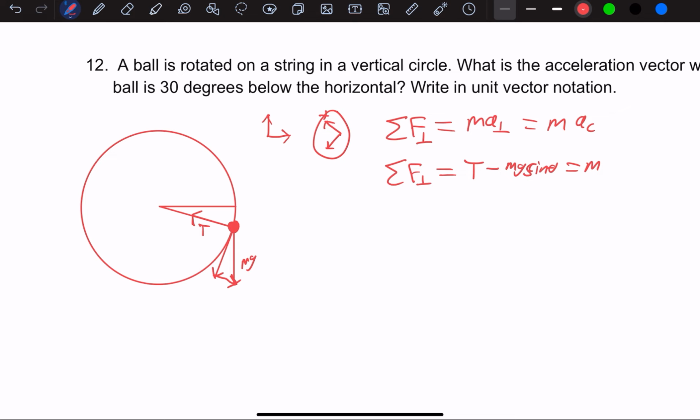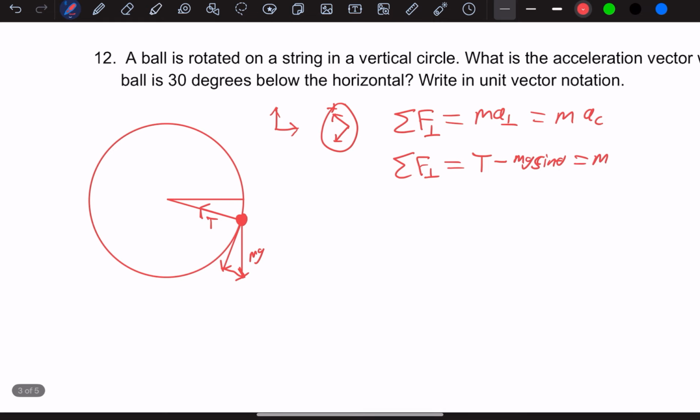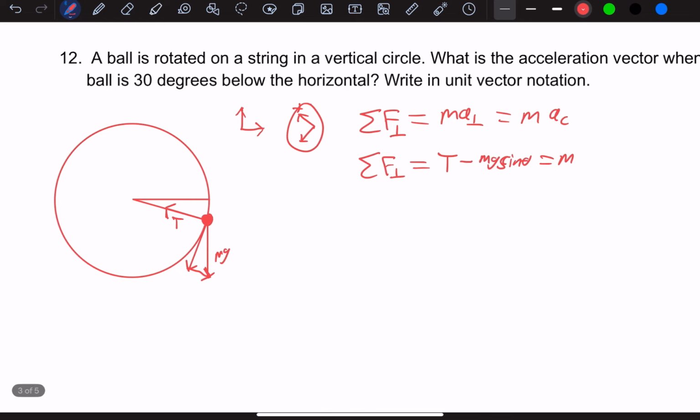We could have omega squared, or velocity squared over r, but I realized this is asking for the acceleration vector, so we're just going to put acceleration in the radial direction. If we solve for that, the acceleration in the radial direction is equal to the tension minus mg sine theta, all over mass.